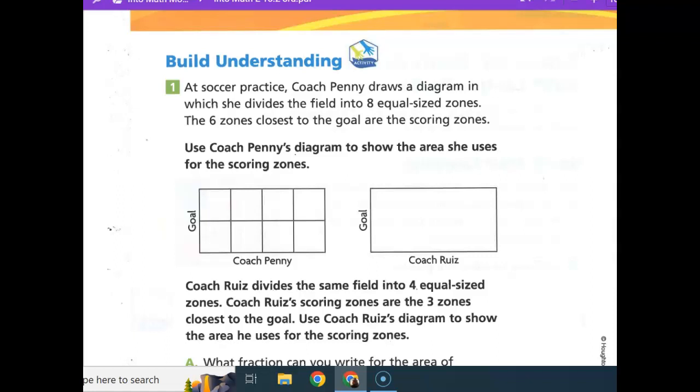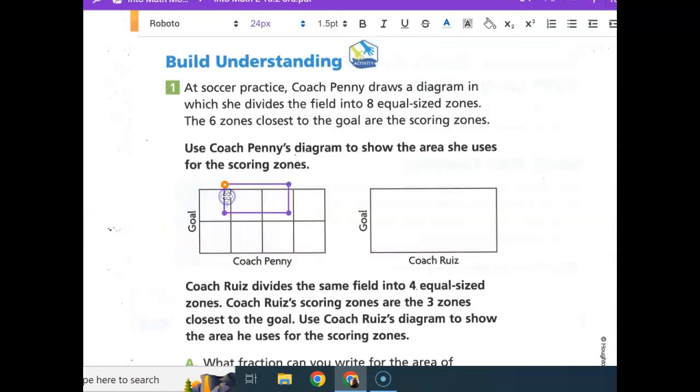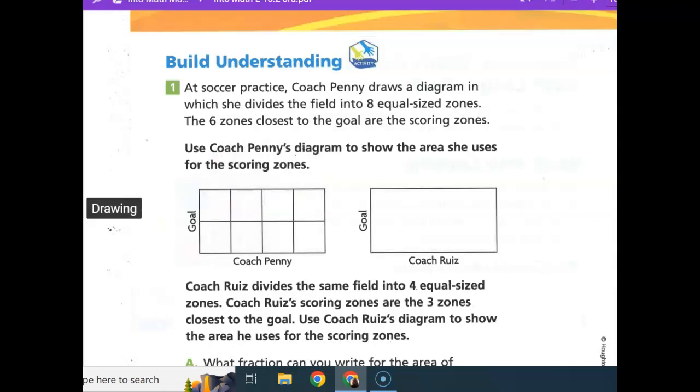So we're going to shade the 6 parts closest to the goal. There's 1, 2, 3, 4, 5, 6.